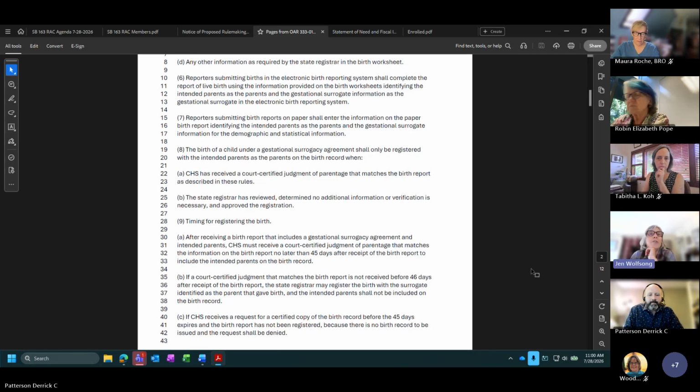And maybe even, instead of as the person who gave birth to the child, as the gestational surrogate, since that's a term used in the statute. Thank you. Anybody else for this section?